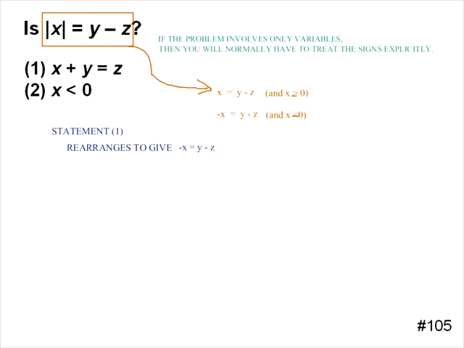So, all caps off. This is not good enough. We would also have to verify that x is 0 or negative.